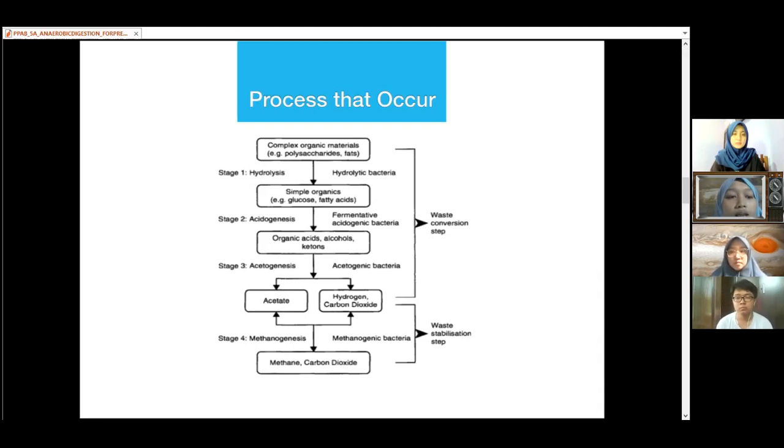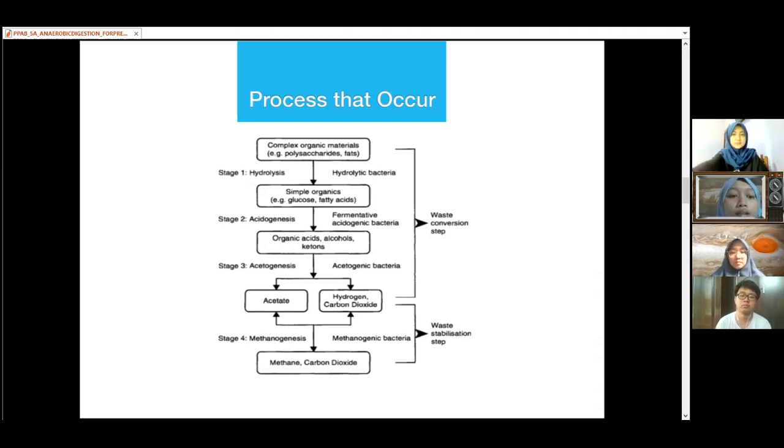The third stage is acetogenesis. At this stage, the higher organic acids, ketones, and alcohols produced by acidogenesis are further digested by acetogenic bacteria to produce acetic acid as well as carbon dioxide and hydrogen. This group of bacteria requires a low hydrogen pressure for fatty acid conversion.